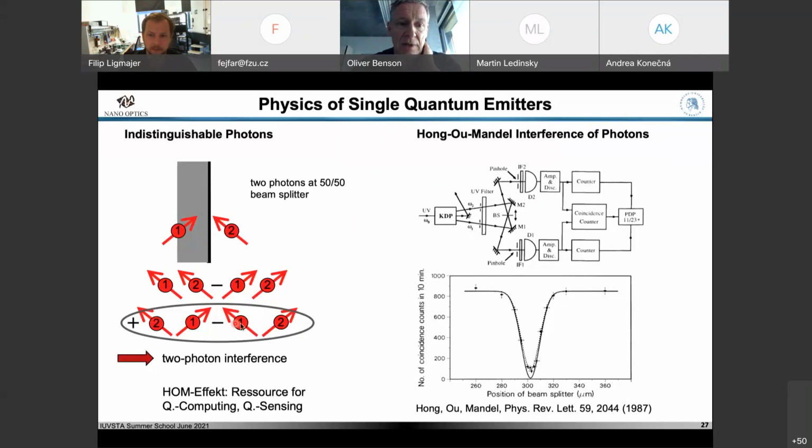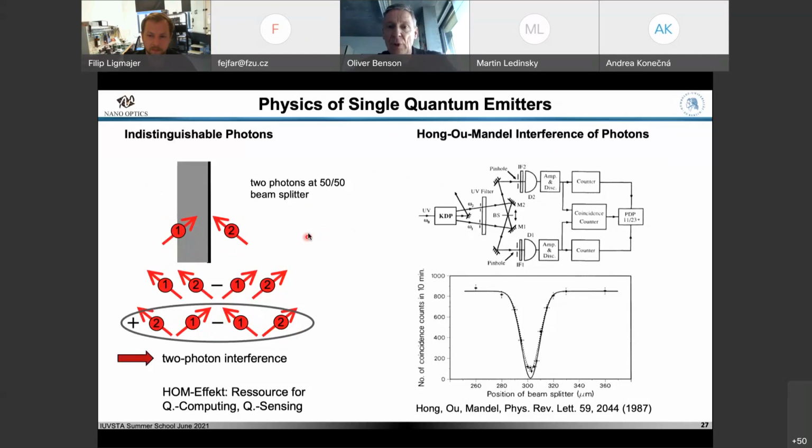And it turns out that these two processes quantum mechanically destructively interfere. So for quantum mechanical objects like two photons, the only thing that may happen if you send one photon in here, one photon in there, is that the two photons exit at the same side of such a beam splitter.